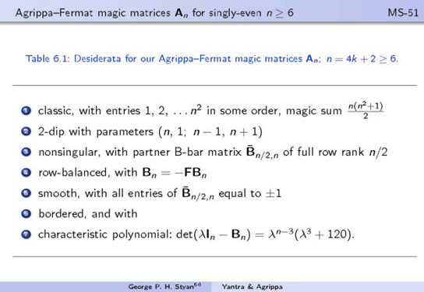We want it to be bordered, as you will see below in figure 6.2, and with characteristic polynomial det of lambda I minus Bn equal to lambda to the n minus 3 times lambda cubed plus 120. We find it rather curious that the eigenvalues are the cube roots of minus 120.